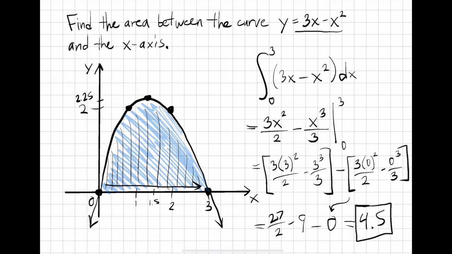So we could estimate the area under this curve pretty easily. We could say, well, it fits into a box that is clearly too big for it, that is 2.25 by 3. So the area definitely must be less than 3 times 2.25, which is 6.75.